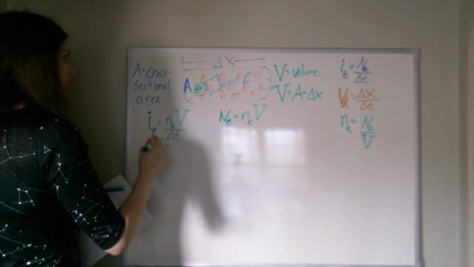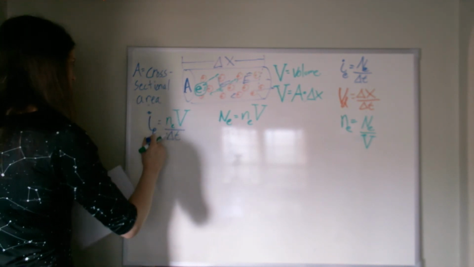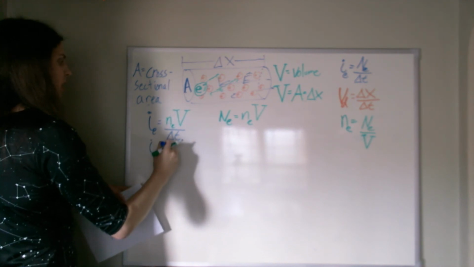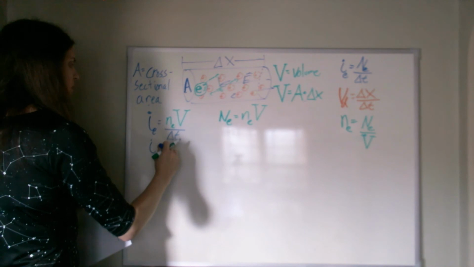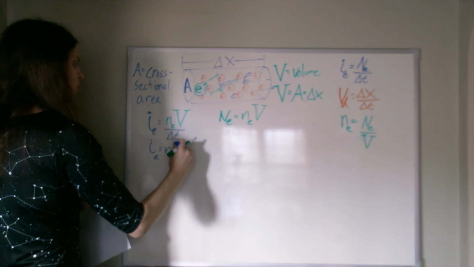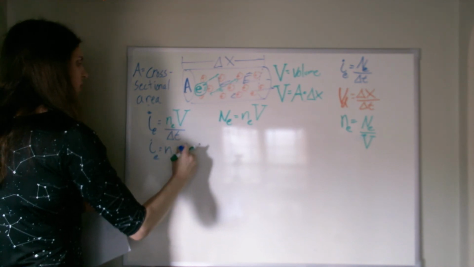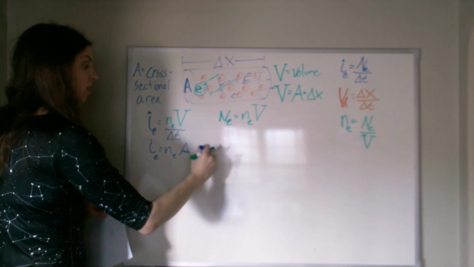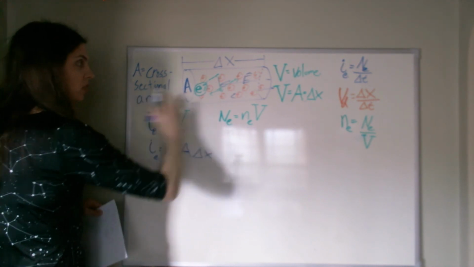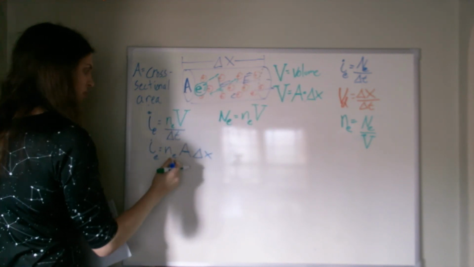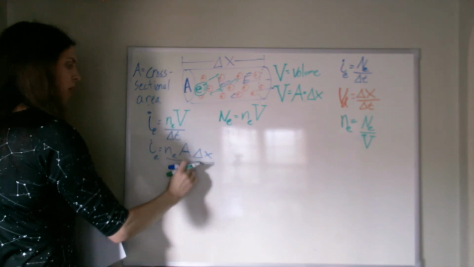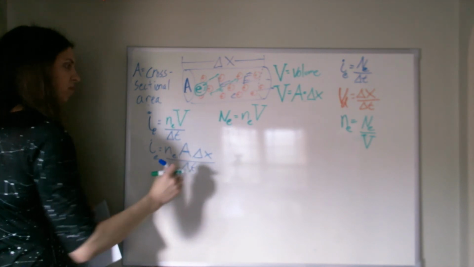And then that in turn winds up being the same thing as the electron number density times that cross-sectional area times the distance that they're traveling divided by the time it takes to do that traveling.